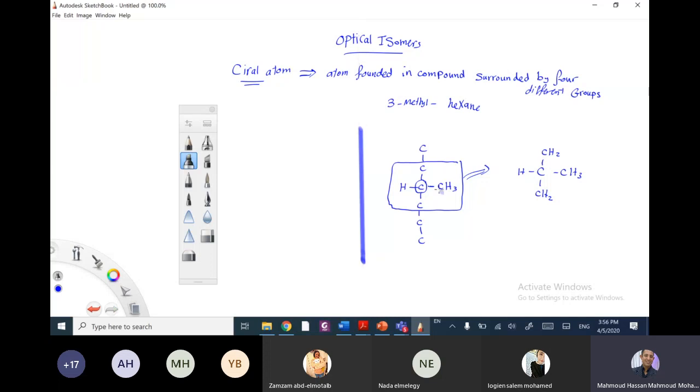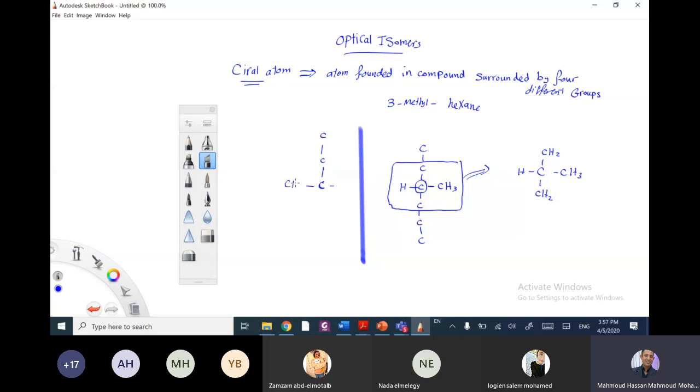What is the arrangement of the atoms in the mirror image of this compound? We find the carbon atom, and the CH3, its position changes. It will change to this side. H will also change to another side. This is the mirror image of the compound.